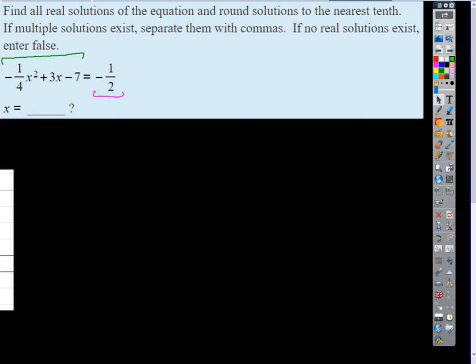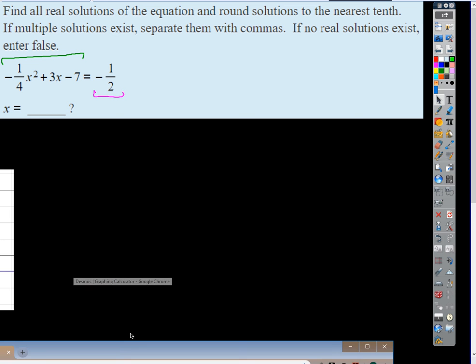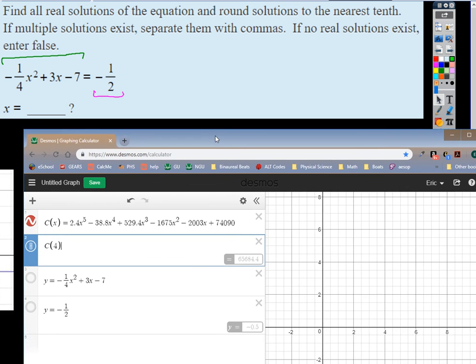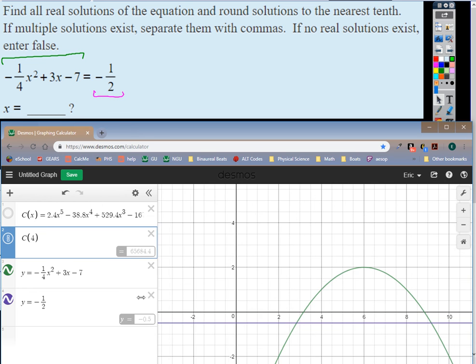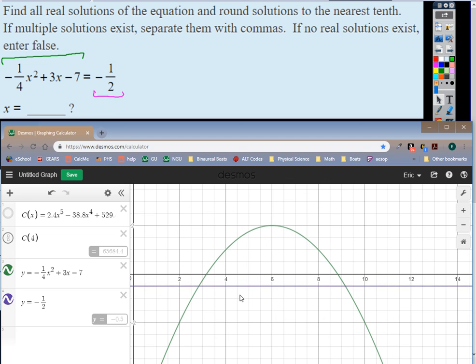So I've already got this typed in. So there's the left side. I'm just going to set the left side, y equals negative 1/4 x squared plus 3x minus 7. There's the right side, y equals minus 1/2, and all I've got to do is look for the intersections of those curves.